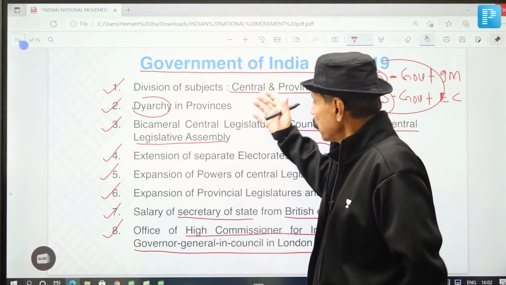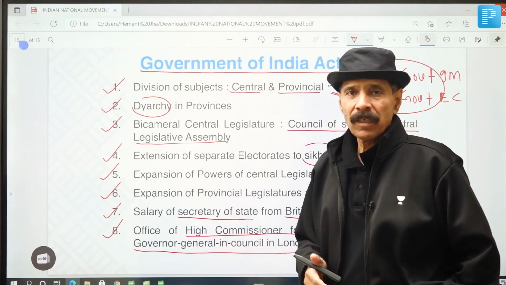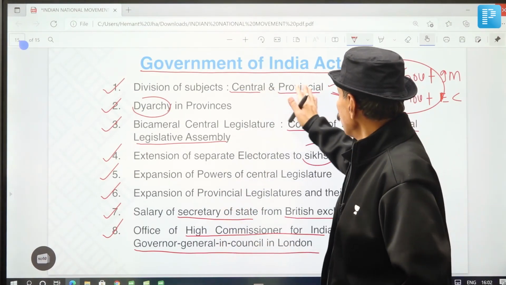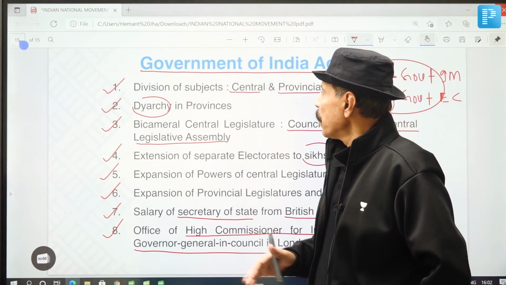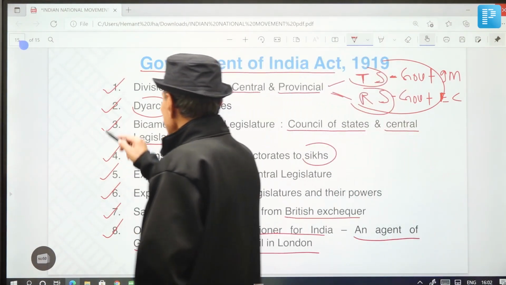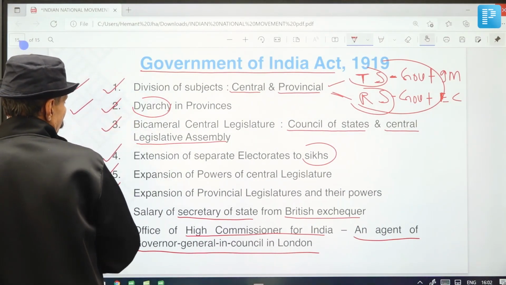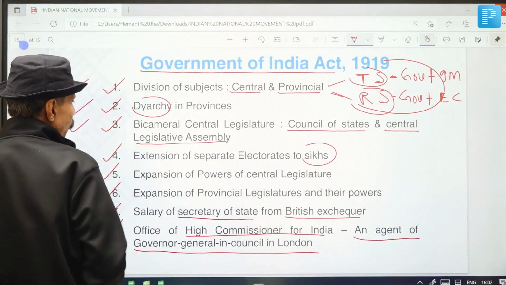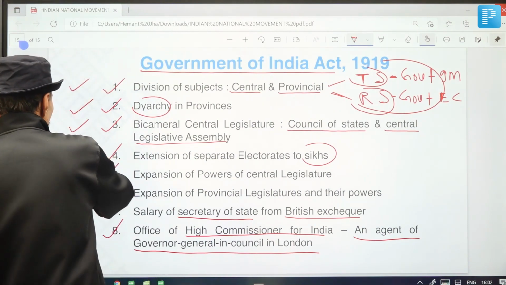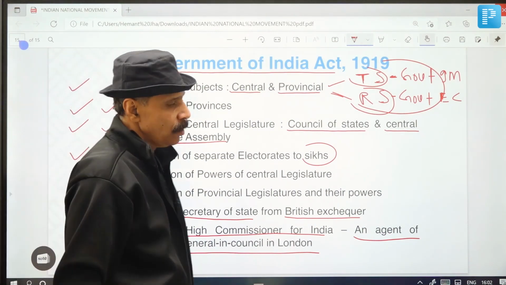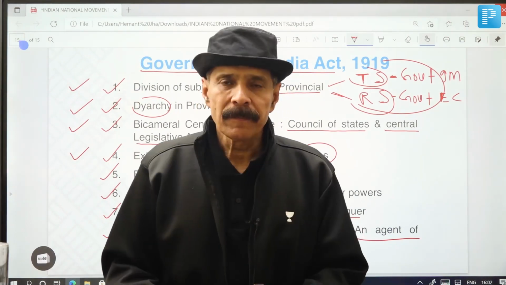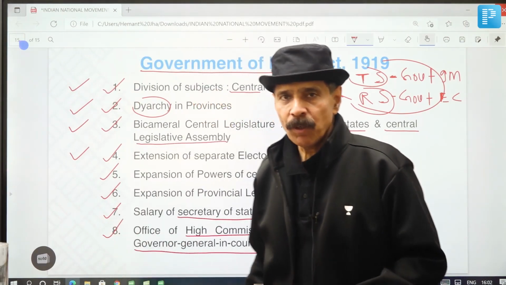So these are all the important provisions of the Government of India Act 1919. And under this, provision number 1 and provision number 2 and provision number 3 and provision number 4 are very, very important. So we should focus on them. Now let's consider the next point.